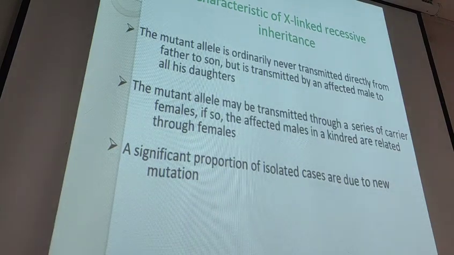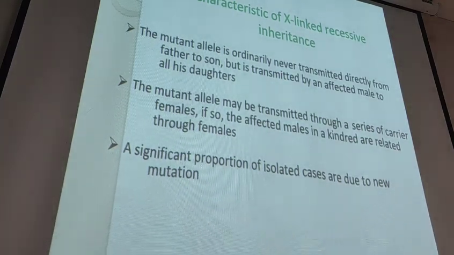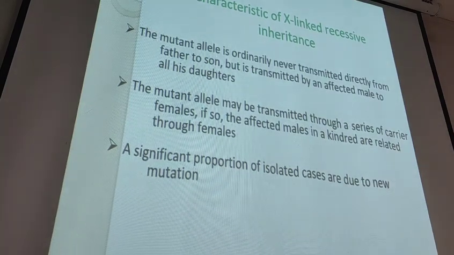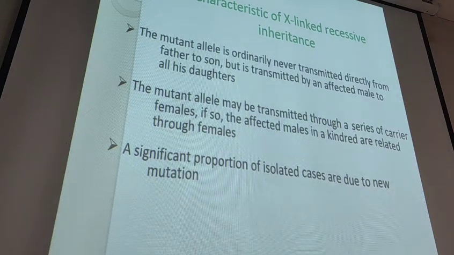You will not have male to male transmission directly, but maybe from male to his daughters, and from daughters to her son, but not directly from father to son.